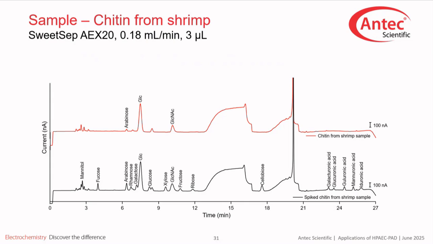It's fascinating that the chromatographic performance, peak efficiency, symmetry, and resolution remain exceptional despite the presence of high concentrations of sulfuric or hydrochloric acid and anions. This shows the SweetSep AX20's high anion exchange capacity and selectivity for carbohydrates.